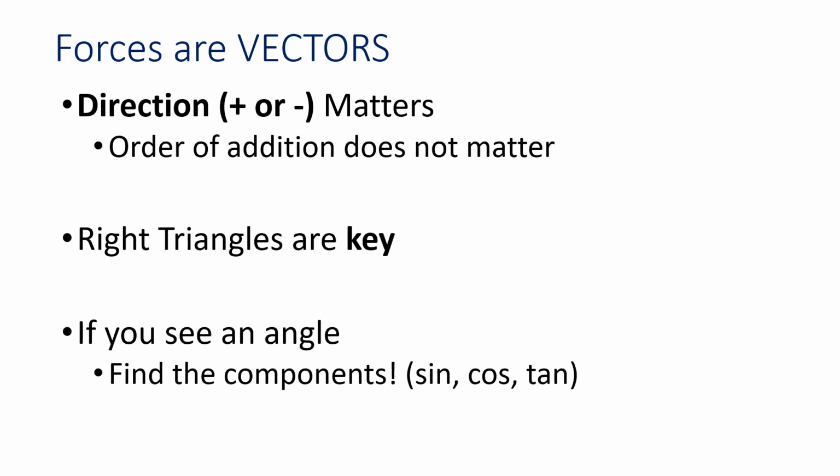If there's a force going at an angle, you're going to figure out the x component and the y component. When you calculate the components, you're going to use sine, cosine, or tangent. Most of the time you'll use sine and cosine.